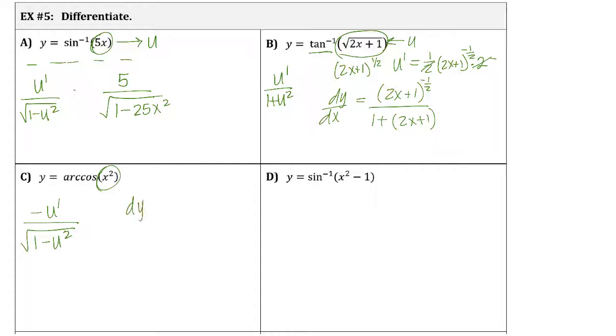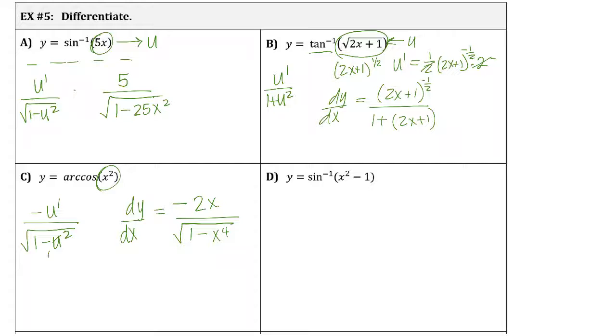So our dy dx is going to be the negative, or the opposite, of u prime, which is going to be 2x. And all of that is over the square root of 1 minus u squared. Well, let's see, u squared is going to be x to the 4th.